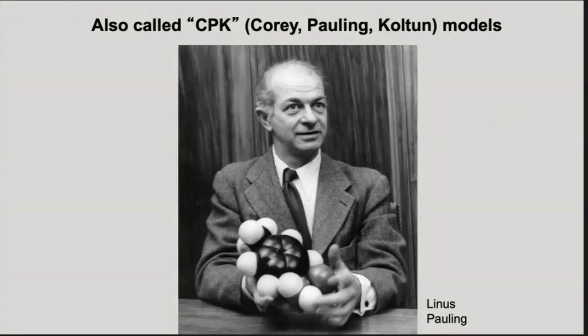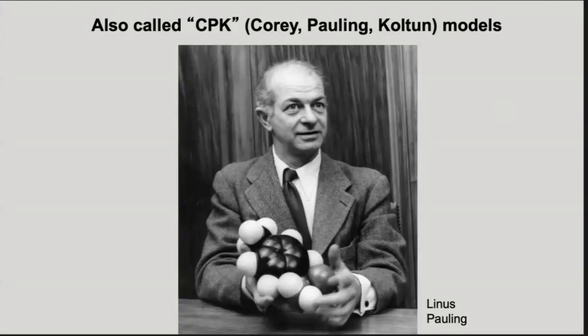After he had won his Nobel Prize for solving how chemical bonds work, he shifted his attention to something else, and he's the one who discovered the concept of the van der Waals radius and also measured the van der Waals radii of many of the common elements.